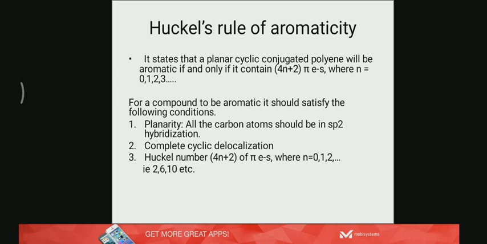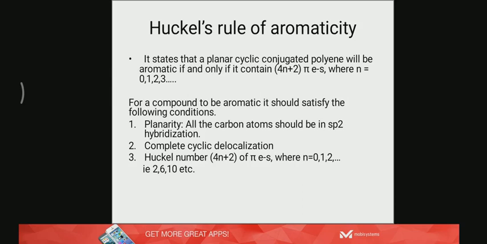What is this rule saying? It states that a planar cyclic conjugated polyene will be aromatic if and only if it contains 4n plus 2 pi electrons, where n is 0, 1, 2, 3, etc. So substituting the value of n, we get Hückel numbers as 2, 6, 10, etc.